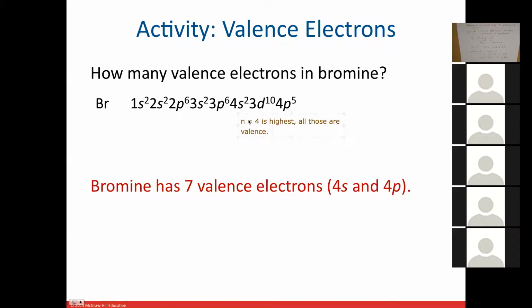And if I look at them, it's 4s2 4p5. So there's 7 electrons in the valence. Okay, and that's basically what's being shown down below.